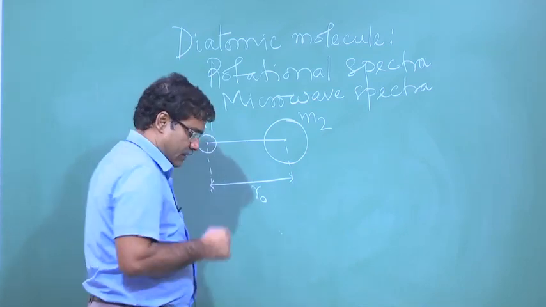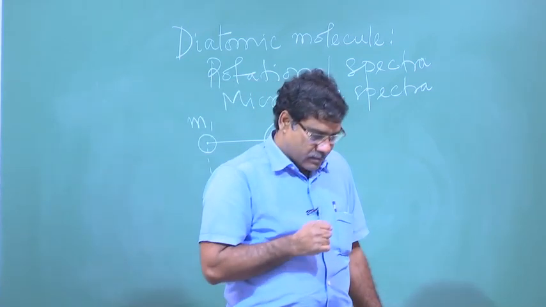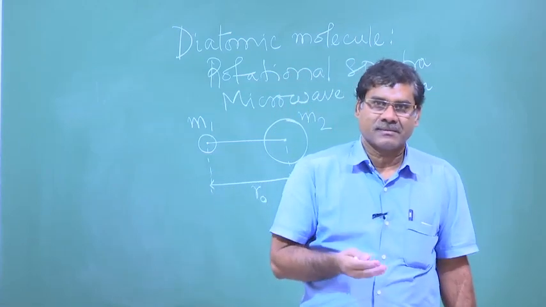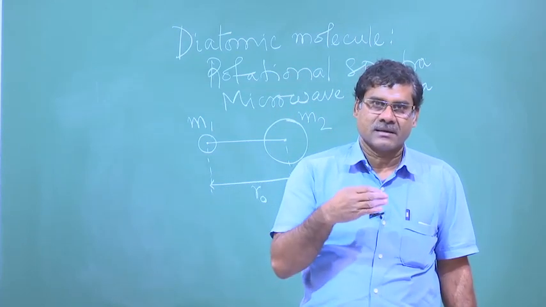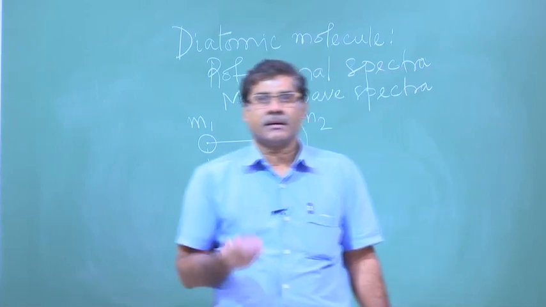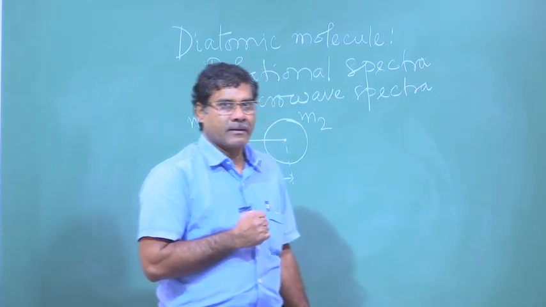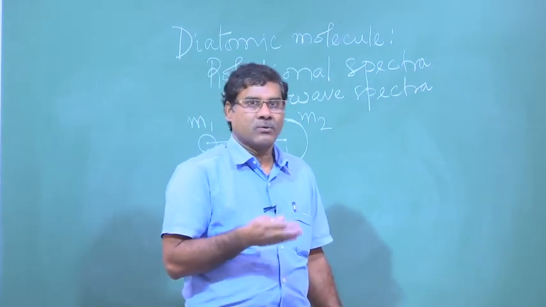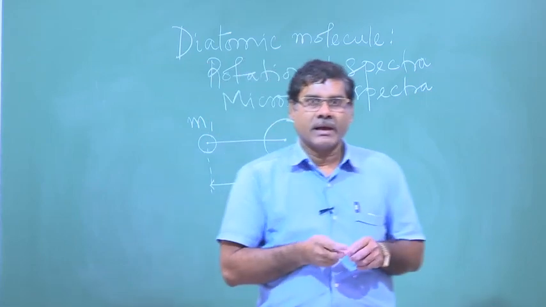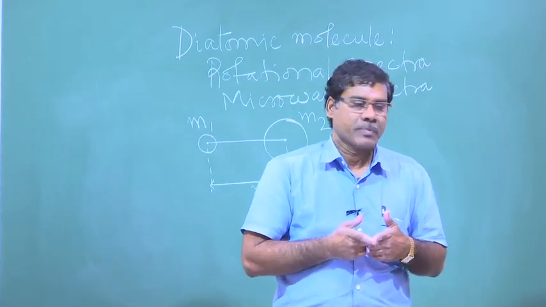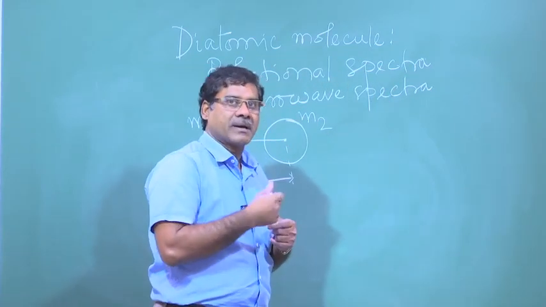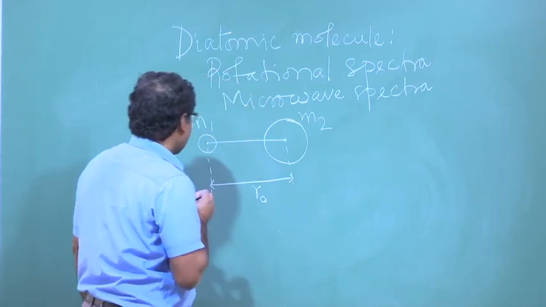Now for this two body system, let us reduce it to a one body system. You know how to do that. One has to find out the reduced mass. Then it will be converted to the one body system.